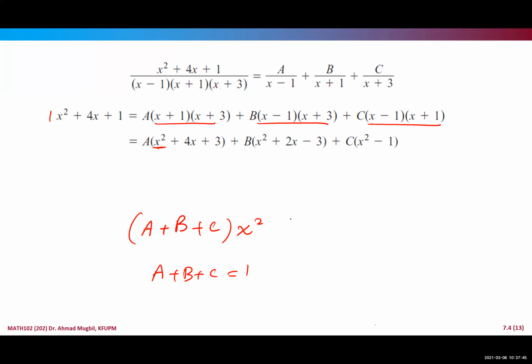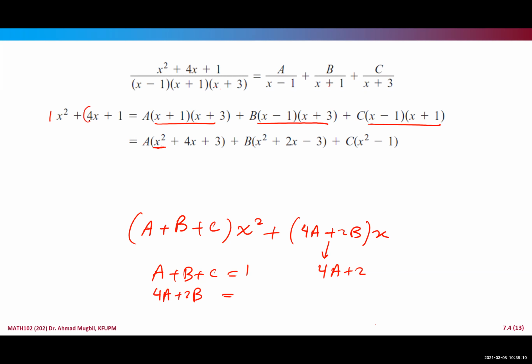What is the coefficient of x? It is 4A plus 2B. There is no x here, so just plus 0. So this one, 4A plus 2B, must be equal to what?